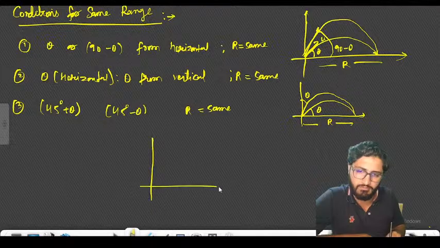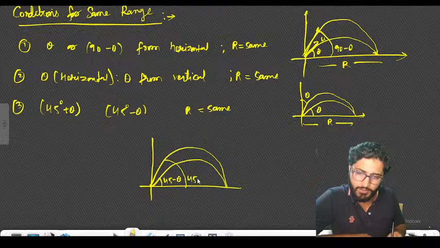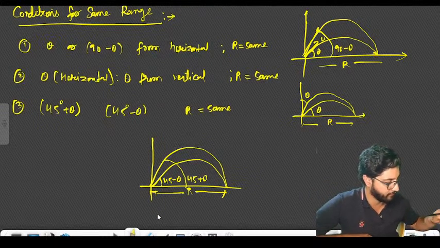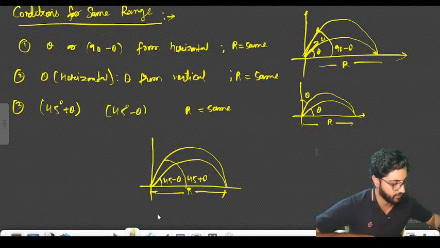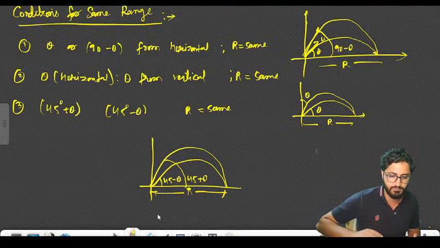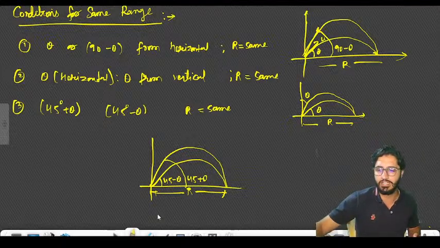Third one, if this is 45 minus theta, this would be 45 plus theta, range is same. You will find very direct numericals from these points, the P by Q, direct from these points. Okay, that is the conditions for same range.